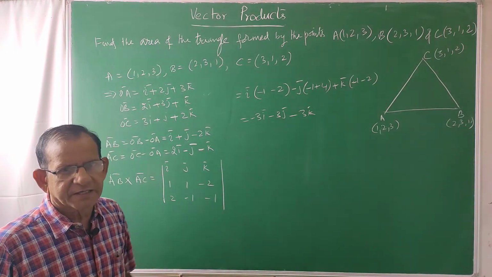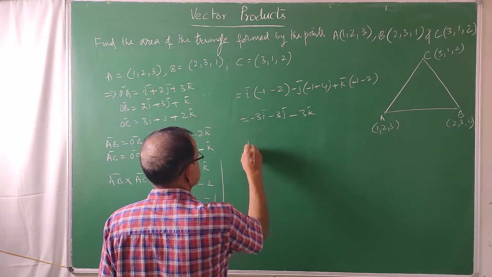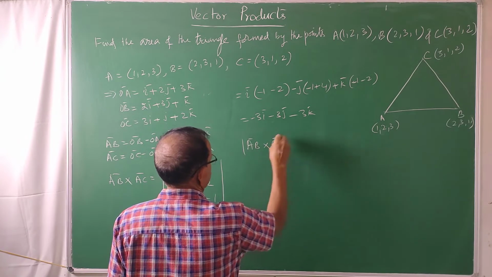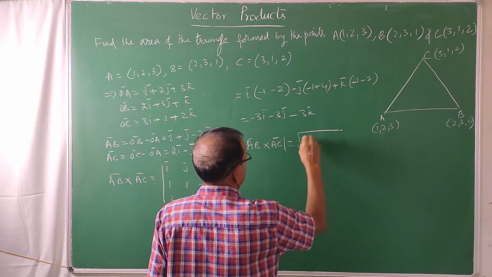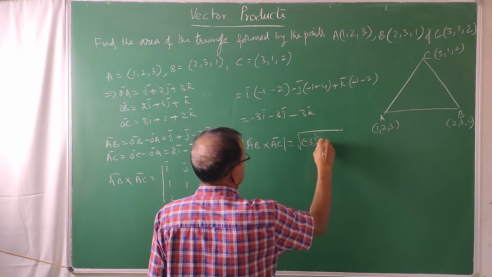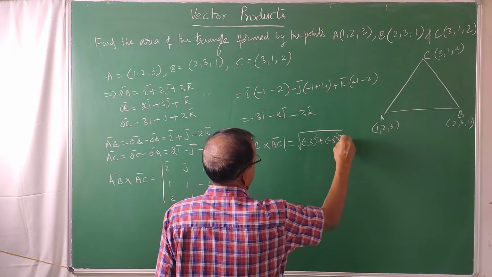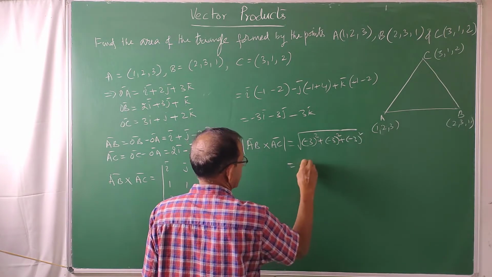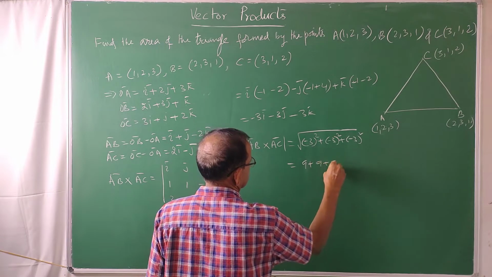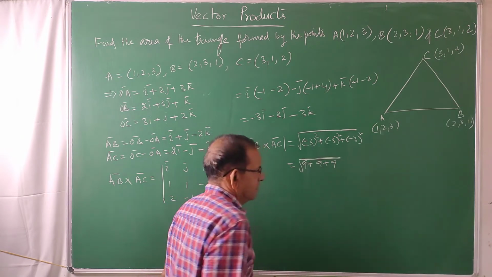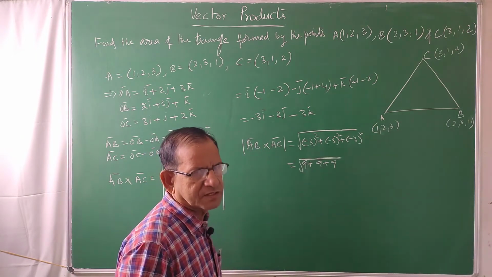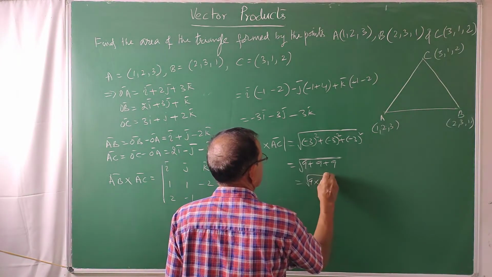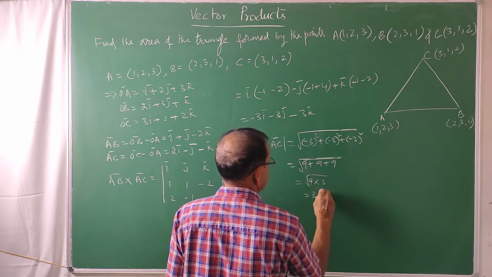Find out its magnitude. Modulus of AB bar cross AC bar is equal to root of minus 3 whole square plus minus 3 whole square plus minus 3 whole square, that is 9 plus 9 plus 9. This is 27, that is 9 into 3, under root equal to 3 root 3.